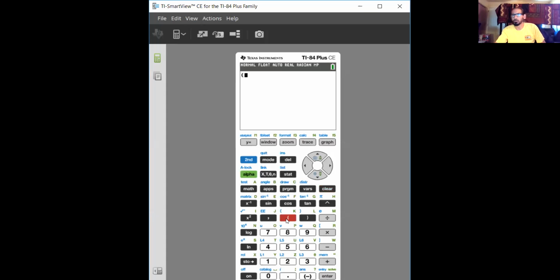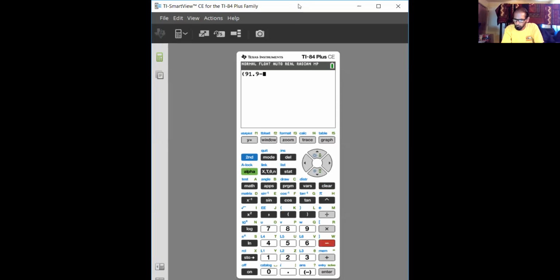You can put parentheses around the 91.9 minus 77.5, and then divide by the 11.6 all at once. This is important because it's not x minus mu over sigma. It's all of x minus mu, all of that is divided by sigma. And so the parentheses are important. And still, when we round to the hundredths place, we get 1.24.